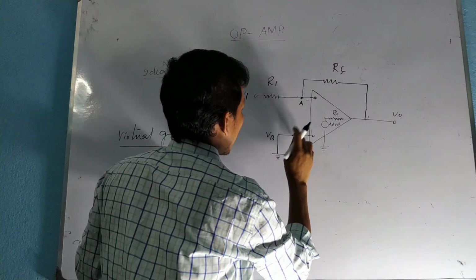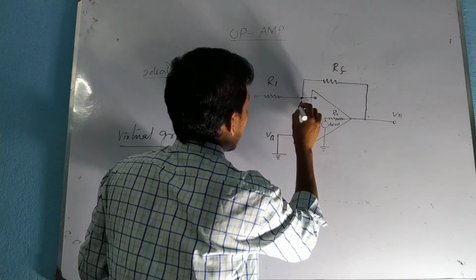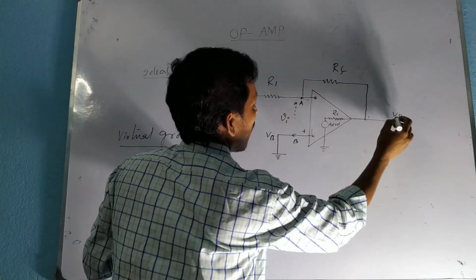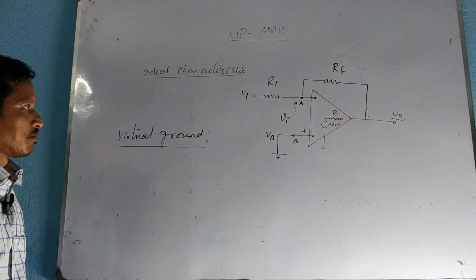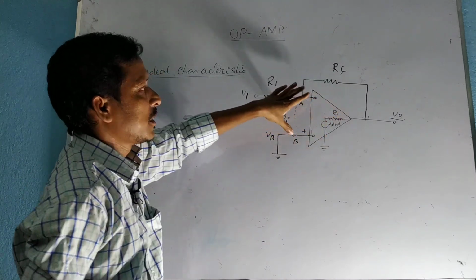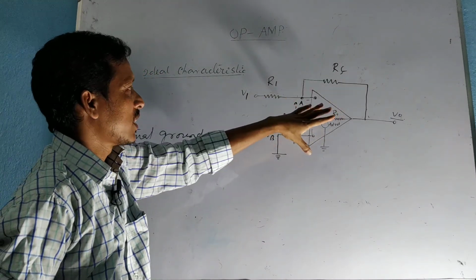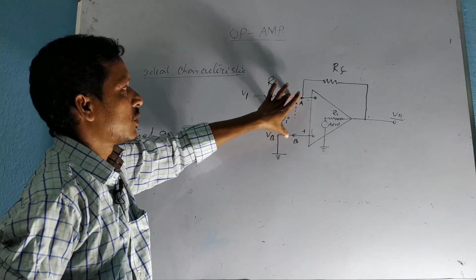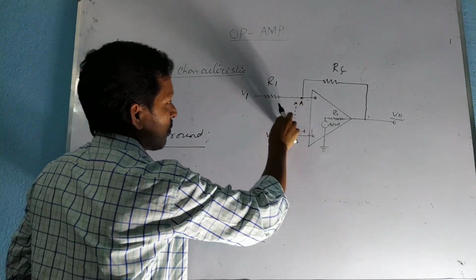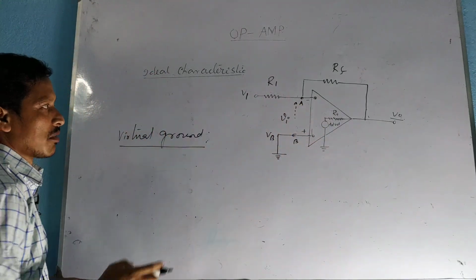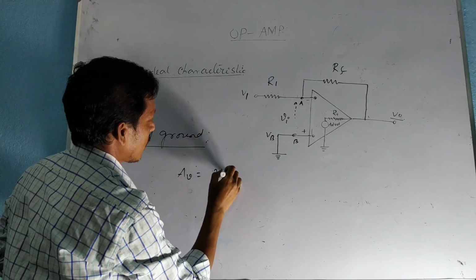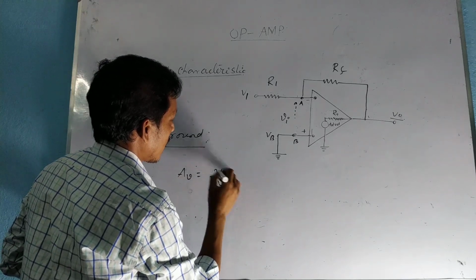This is the input and this is the output. Actually this is a differential amplifier, so it amplifies the difference of two input signals. So the input is Vi and Vi will be amplified by the operational amplifier. So the voltage gain AV equals V0 by Vi.